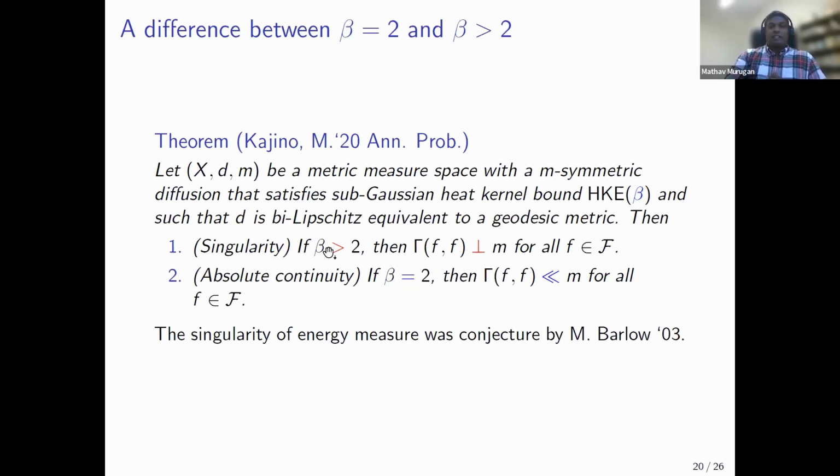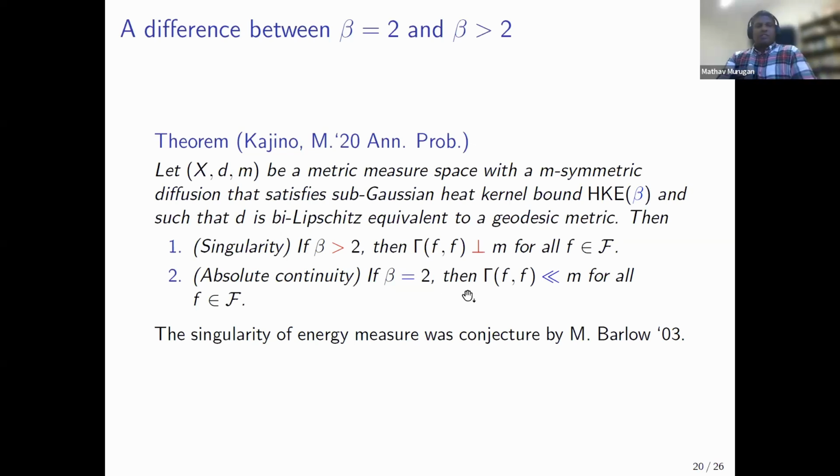If beta is larger than 2, the energy measure is always singular to the symmetric measure m that we started with, for any function in the domain of the Dirichlet form. And if beta equals 2, then we always have absolute continuity for any function in the domain of the Dirichlet form. This kind of singularity was already conjectured by Martin Barlow in 2003.